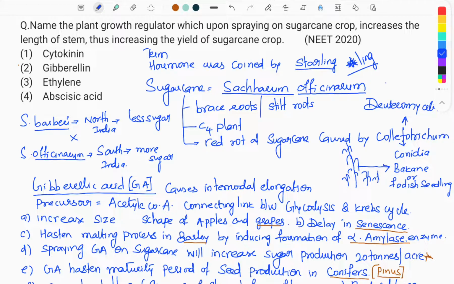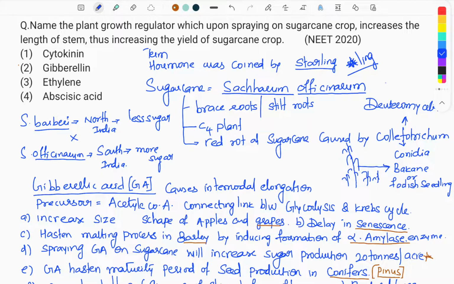And coming to sugarcane, we have a lot of stuff about it. Its botanical name is Saccharum officinarum and it's a monocot. It is a C4 plant. It has root modifications, namely brace roots and stilt roots.